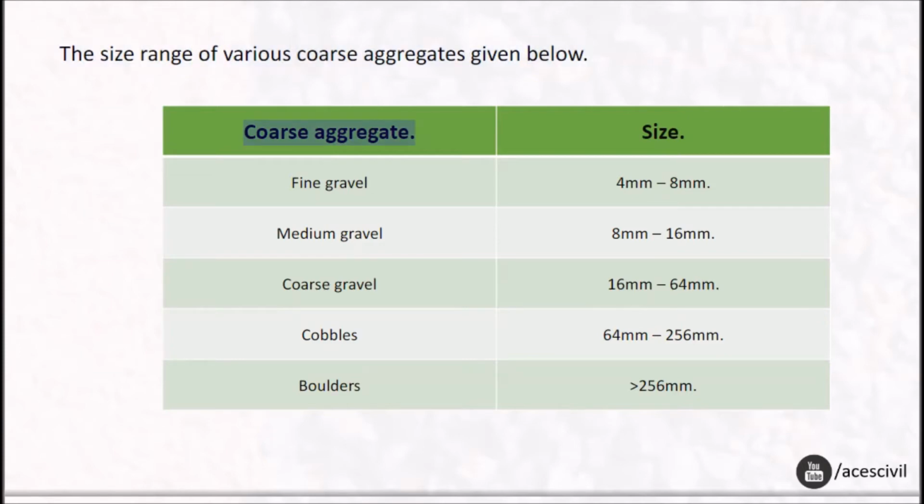Coarse aggregate sizes. Fine gravel: 4 mm to 8 mm. Medium gravel: 8 mm to 16 mm.